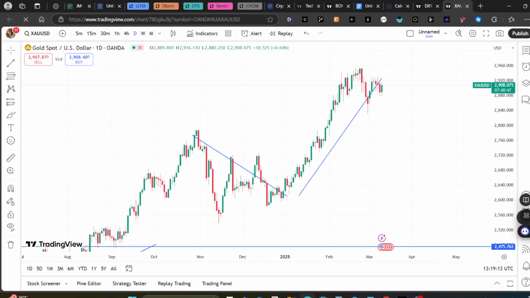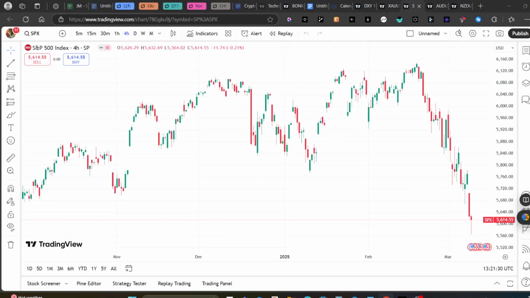Okay. Now let's talk about stock markets and risk-on currencies. The S&P 500 and risk-sensitive currencies like the Australian dollar and New Zealand dollar tend to move in the same direction. So when markets are bullish, these currencies often gain strength.